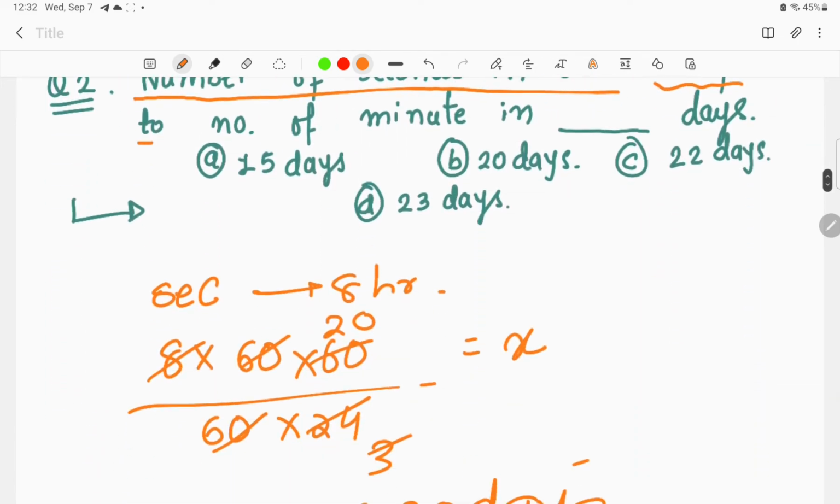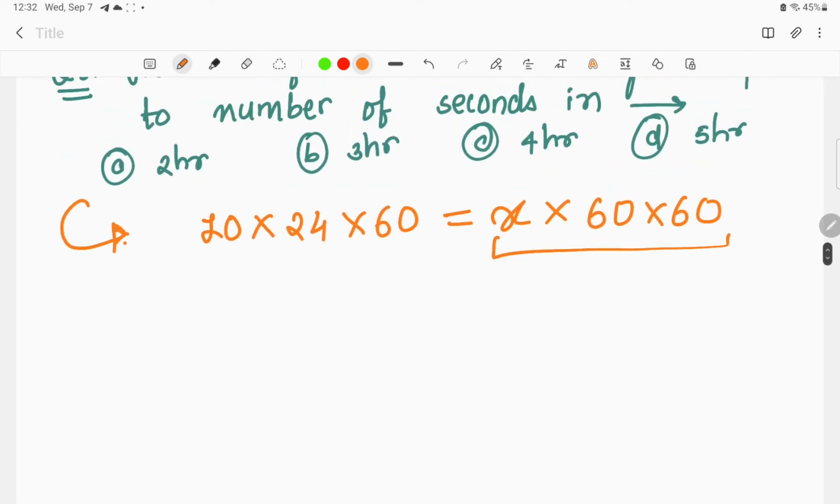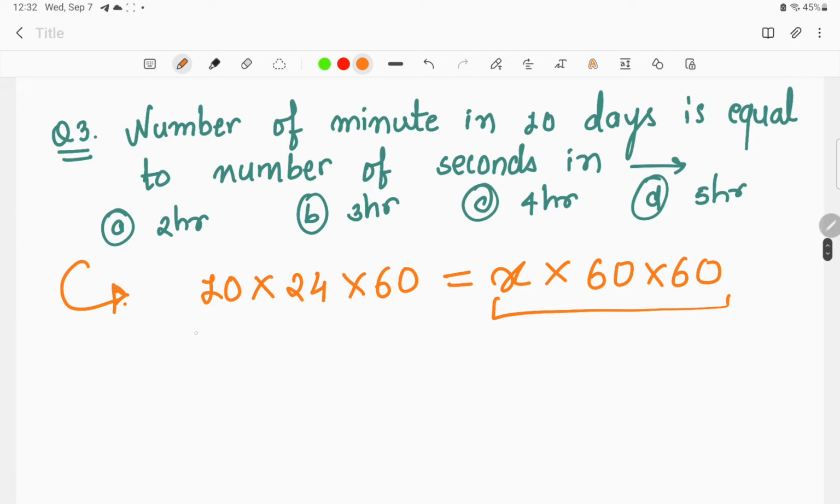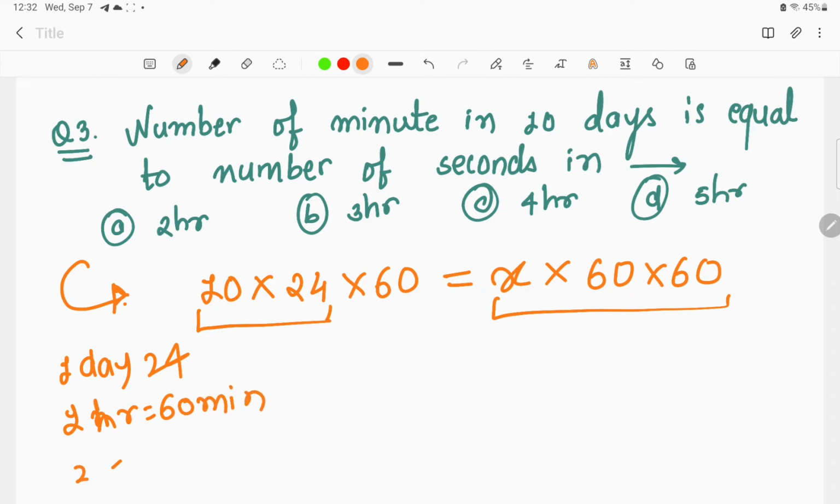What answer we'll get over here is, very first thing, the number of minutes in 10 days. 1 day consists of 24 hours, so 10 days will consist of 10 into 24 hours. 1 hour consists of 60 minutes, so 24 hours consist of 24 into 60. This is the step that we have followed over here, equal to the number of seconds in x hours.